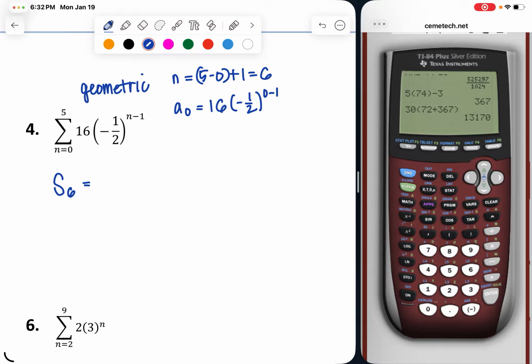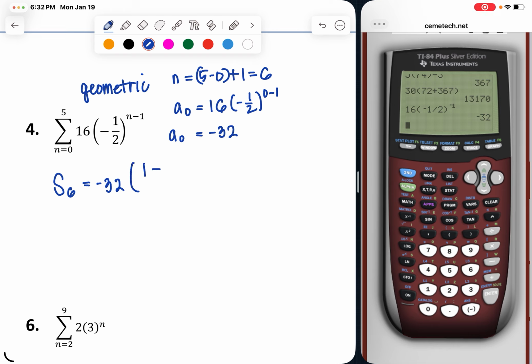So that is negative 2 to the negative first power, which makes it flip, which is negative 2 times 16, which is negative 32. You could use your calculator to get that, of course. I was just trying to do a little mental math. So my first term's negative 32.